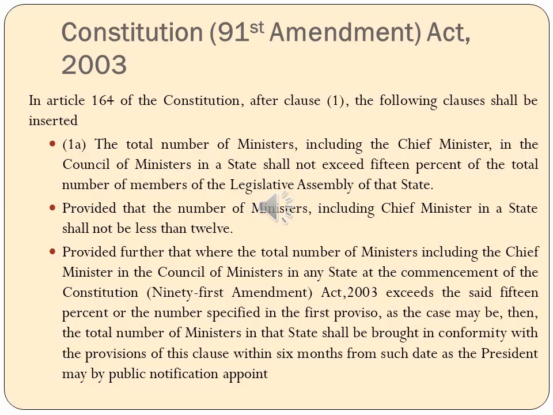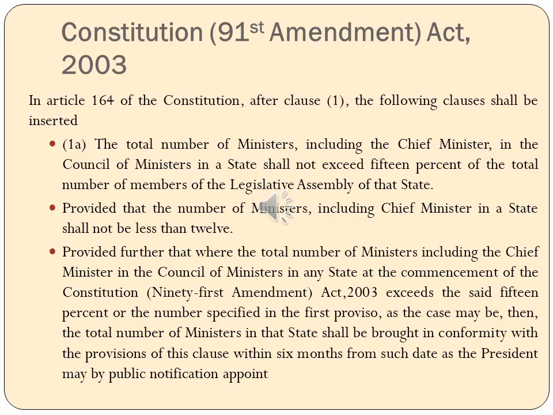Also, in Article 164, the following clause was added: the total number of ministers including the chief minister in the council of ministers in a state will not exceed 15% of the total number of members of the state legislative assembly, provided that the ministers including the chief minister will not be less than 12. So here it puts an upper cap and a lower cap on the strength of the cabinet of the state.